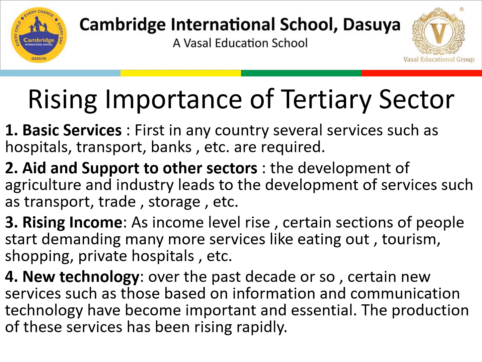Now the second point is aid and support to the two other sectors. So we are talking about the two sectors except the tertiary sector. What are the two sectors? That is agriculture and industry. Both always need finances to start their production, whether in industry or agriculture.